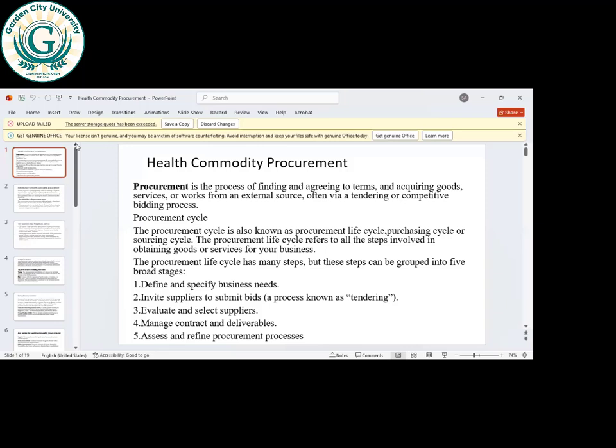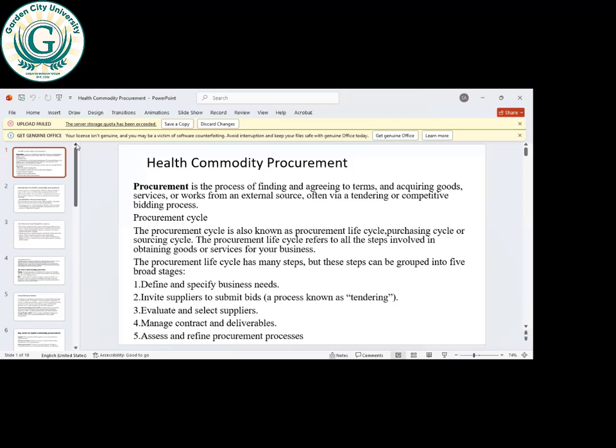After selecting a supplier, you then enter into contract with the supplier. Before you enter into contract, there are terms and conditions that you need to agree. Both of you must come into consensus before you proceed with the contract. So agreeing to terms means that both the supplier and the buyer have agreed to all the terms and conditions within the contract.